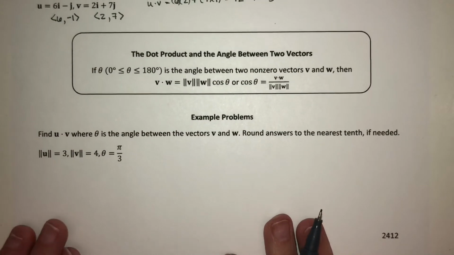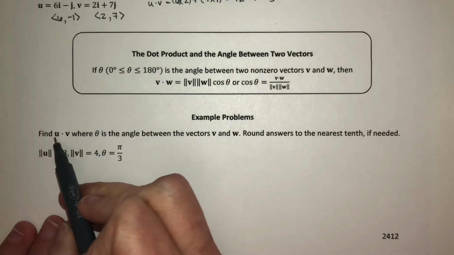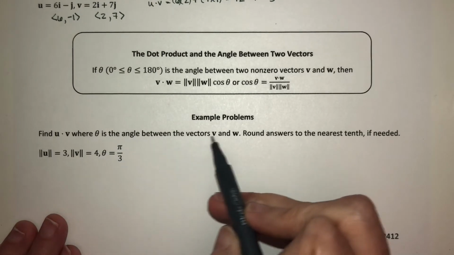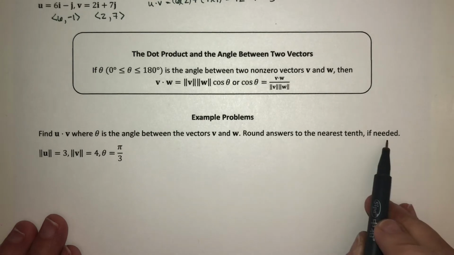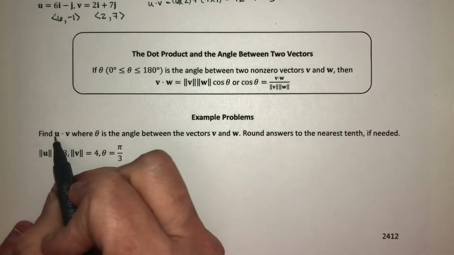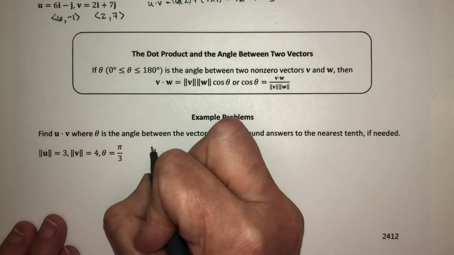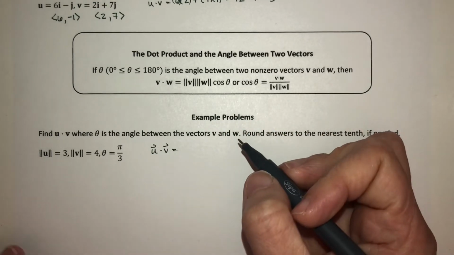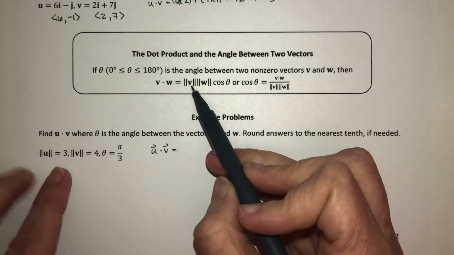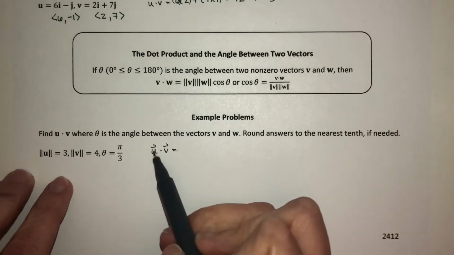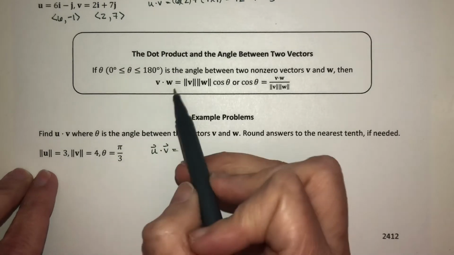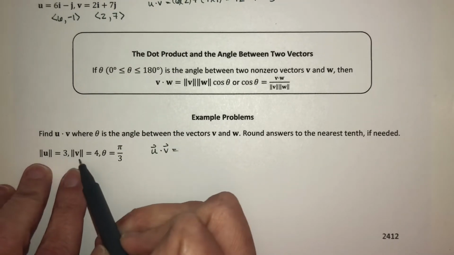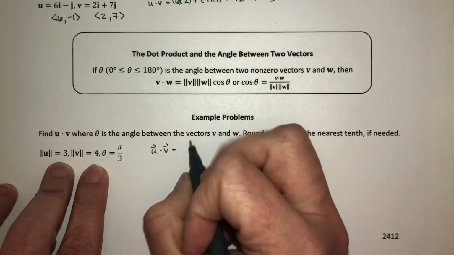So let's say we want to find the dot product of u and v, and theta is the angle between v and w, and we want to round our answers to the nearest tenth if needed. If I want to find u dot v, this is equal to the magnitude of v and w. Basically, here it's v and w, here it's u and v, but it doesn't particularly matter. You're going to multiply these two magnitudes together.